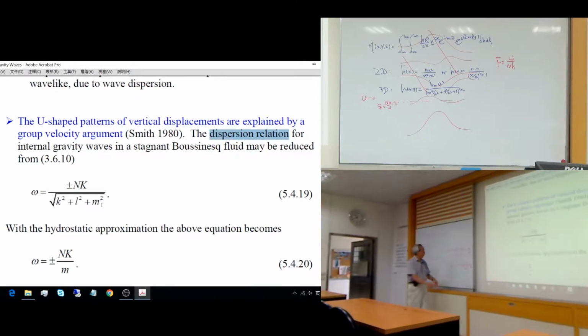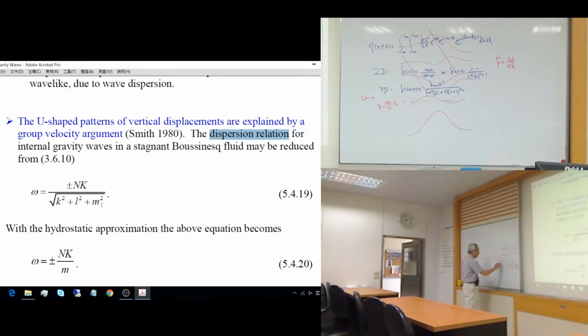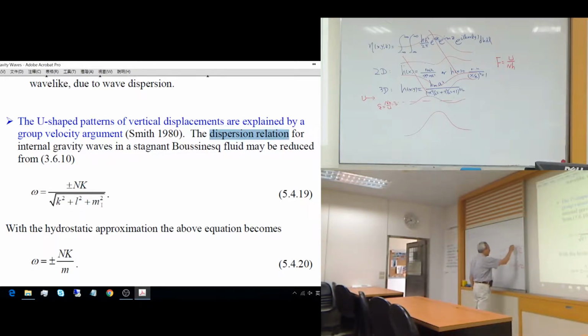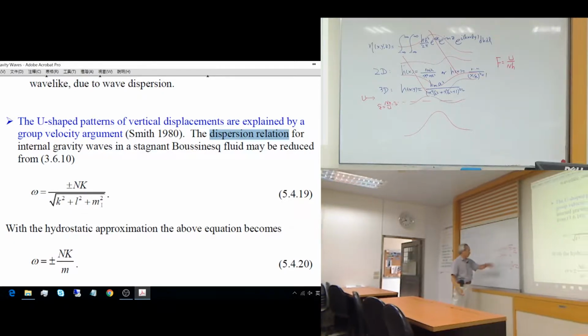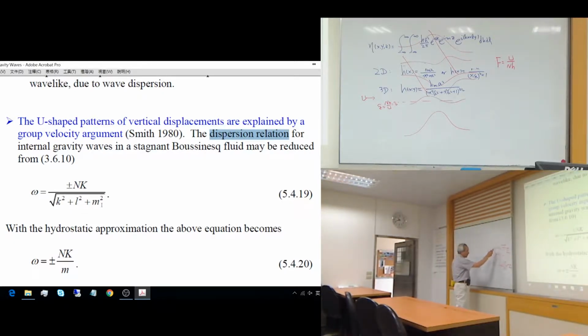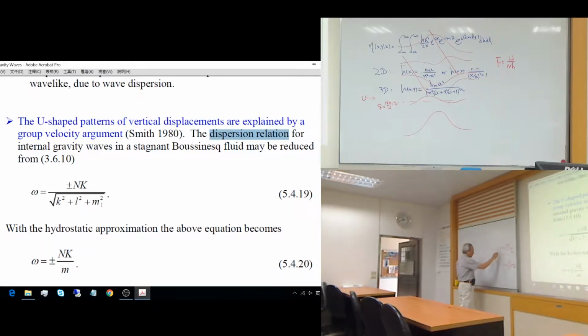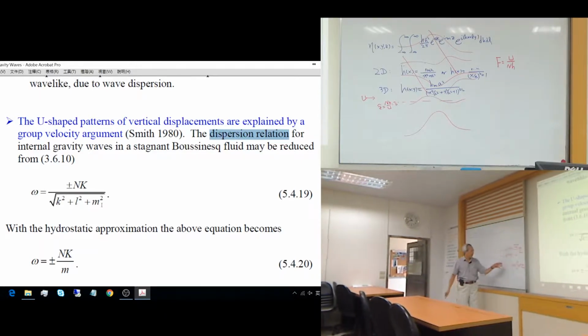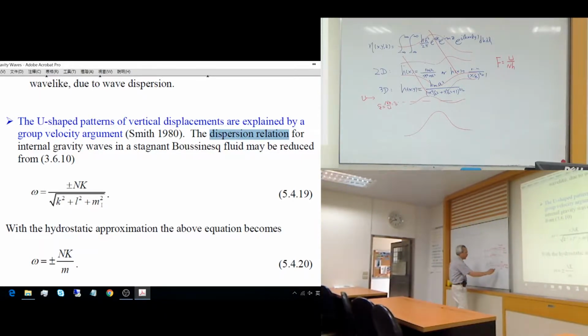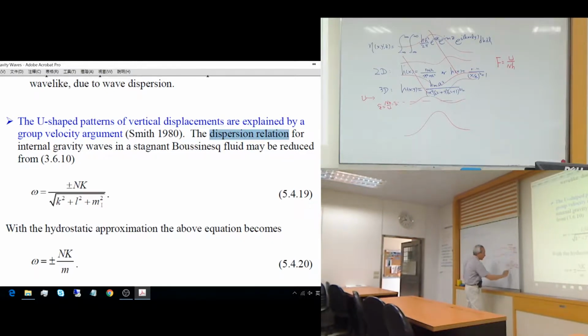When we do the Fourier transform, this is similar to the normal mode approach. We do this to negative, and this is called Fourier space. This is called wave number space, this is called Fourier space.